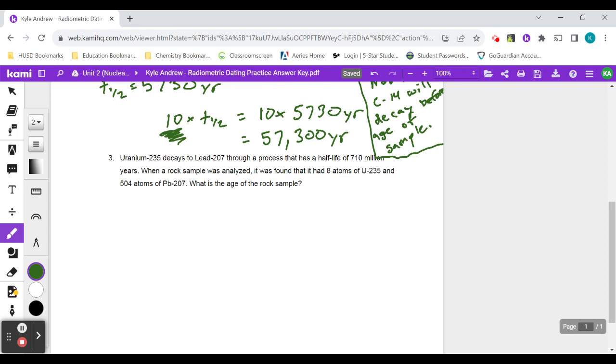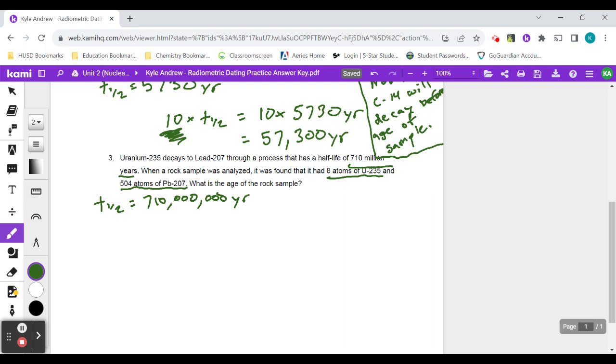Last one, uranium-235 decays to lead-207 through a process that has a half-life of 710 million years. Okay, so t to the 1/2 equals 710 million years. When a rock sample is analyzed, it is found to have 8 atoms of uranium-235 and 504 atoms of lead-207.